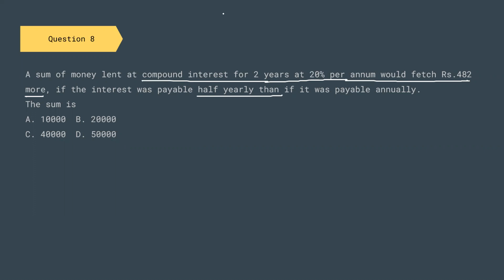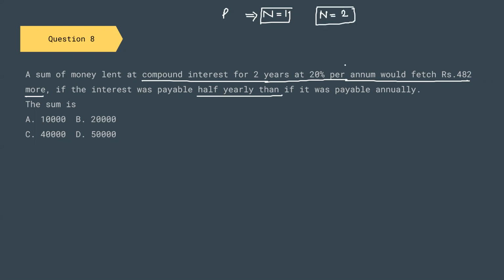If the compound interest is compounded only once every year, this is known as payable annually, and in that situation n is equal to 1 in the previous equation that we have seen. If the amount is compounded half yearly, that means the amount is compounded twice in a particular year, so this will be n equal to 2.